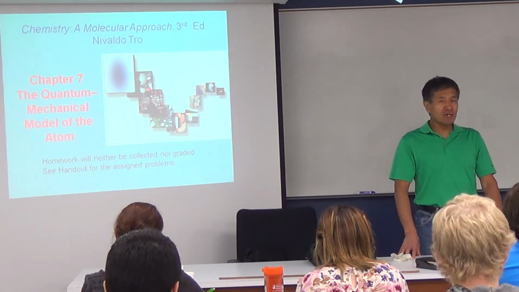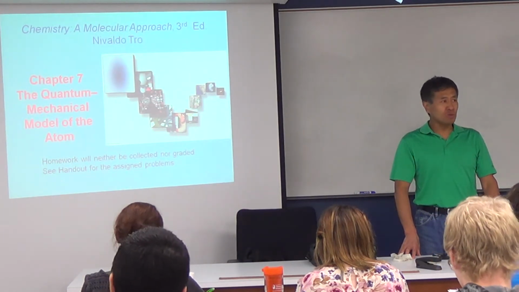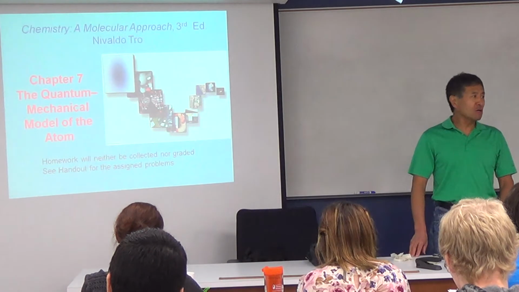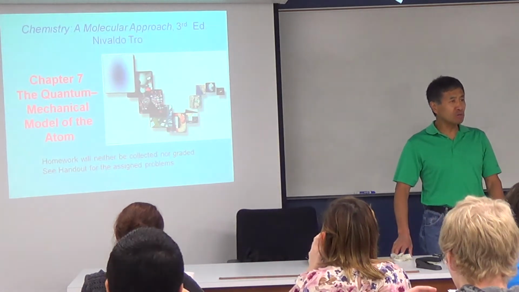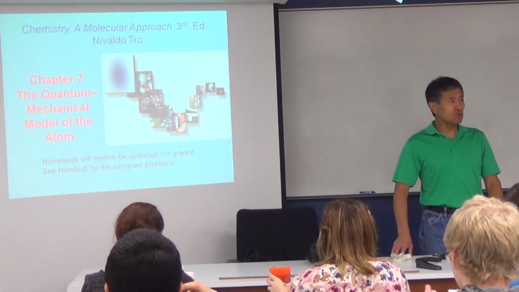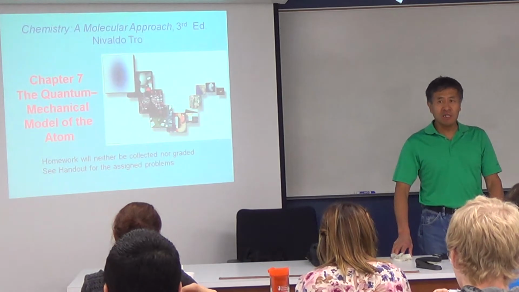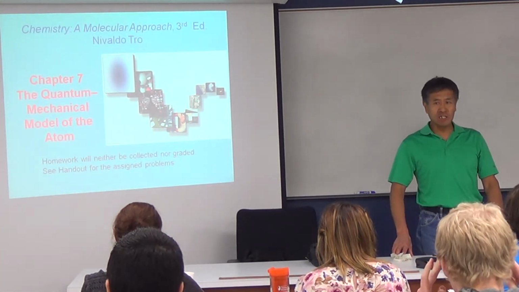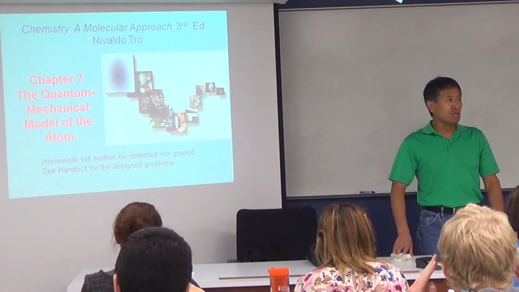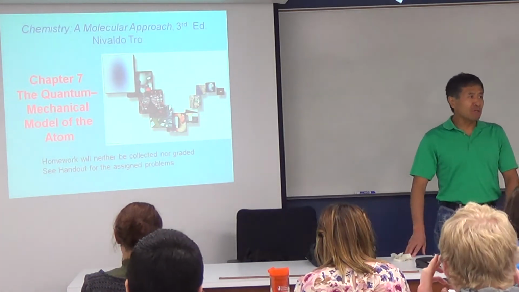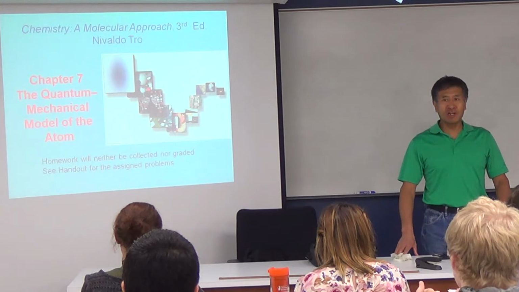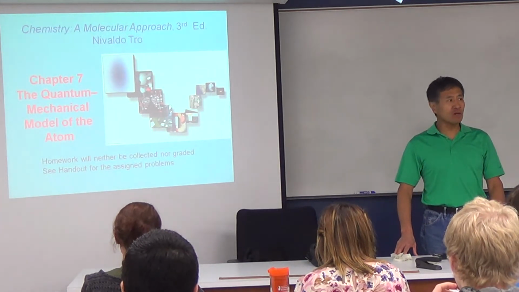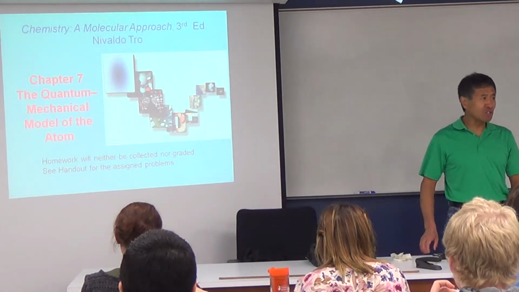Then we also learned, like in Chapter 1, Chapter 2, some metals lose 1 electron to become stable, like sodium and lithium, and some metals lose 2 electrons to become stable, like magnesium and calcium. Right? So why does that happen? This chapter will give us some of those very fundamental understandings.